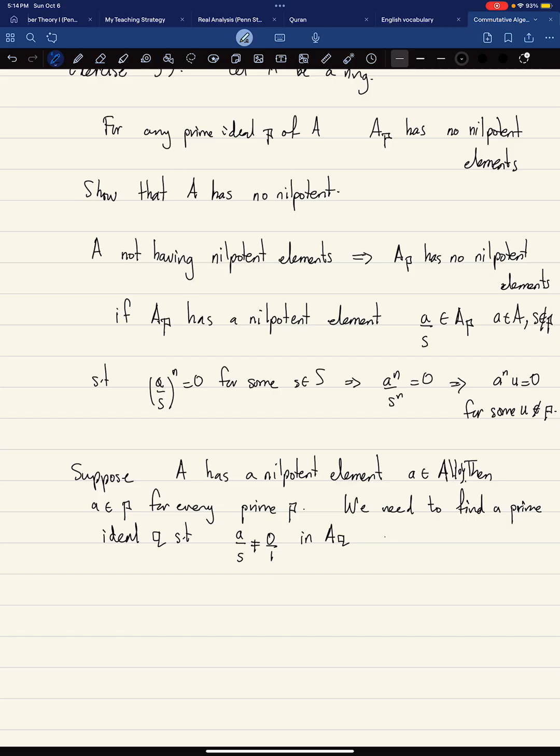Which means that A times something W not in Q is 0.